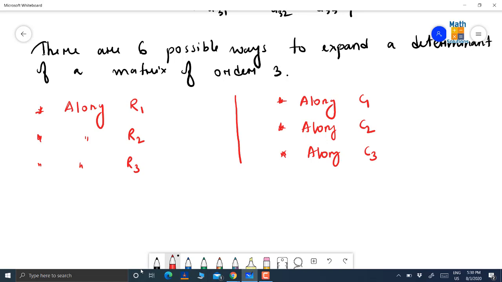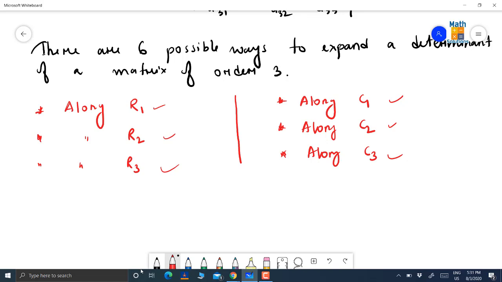Suppose you are proceeding with expansion along R1, whatever answer you get, the same result you will get if you proceed with C2 also. Means in all these 6 cases the result obtained will be the same. That is why among these 6 possible ways, any one way we can consider for evaluating a determinant.